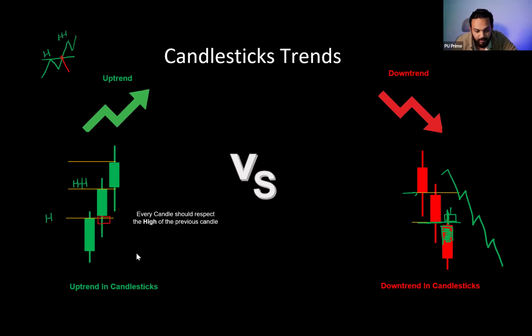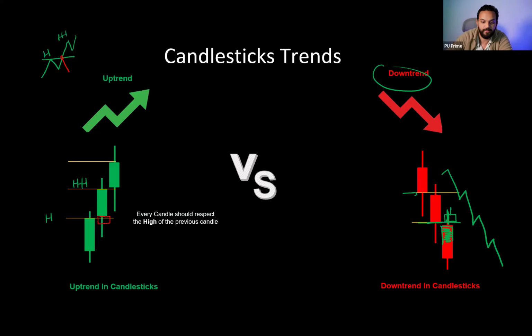But is it possible the next candlestick has a close below the previous high? Which candlesticks? You're speaking about the downtrend and the uptrend.